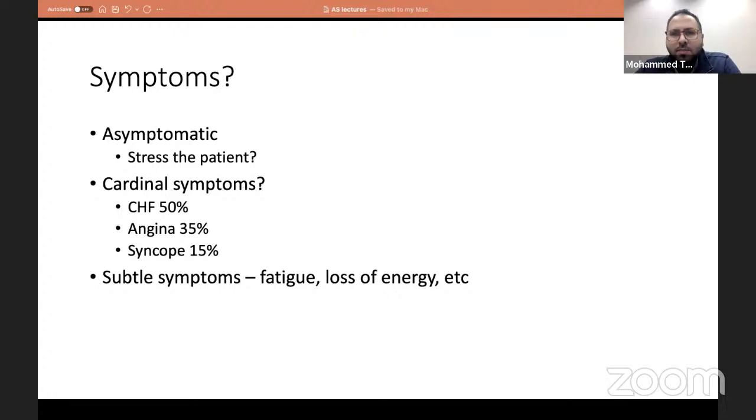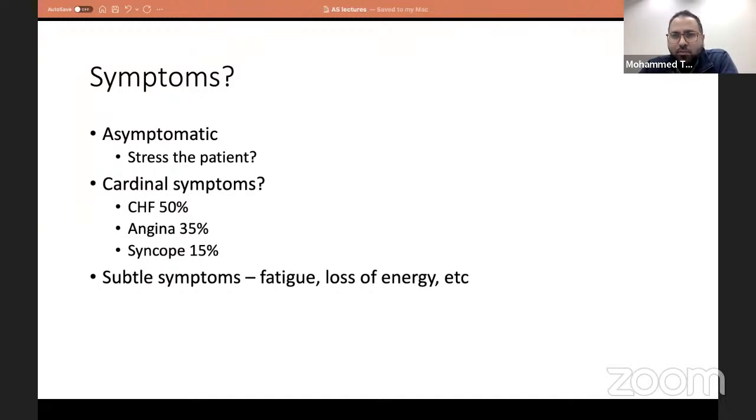Exactly. So this is my point. Not all asymptomatic patients are actually asymptomatic. Some of them have so many symptoms that they tend to do nothing and become very quiet, and their symptoms disappear. But when you stress them, get them to walk or put them on a treadmill, the symptoms will start to appear. So you have to consider stressing patients to elicit if they have any symptoms.